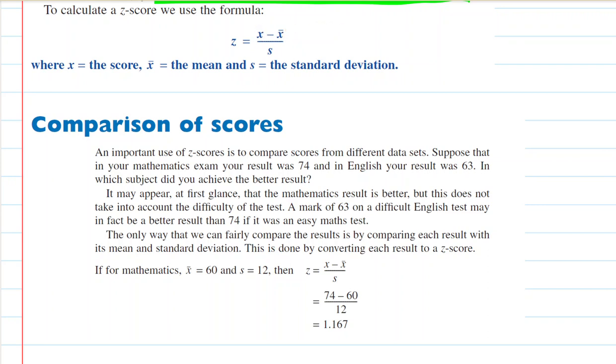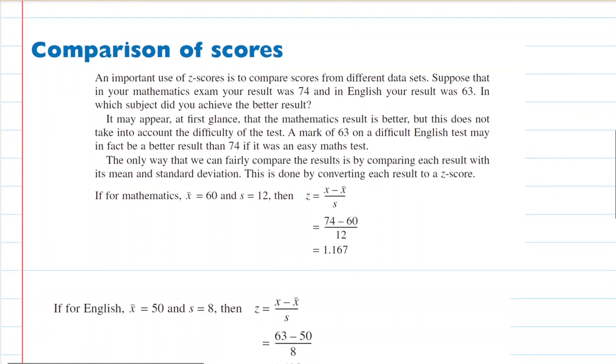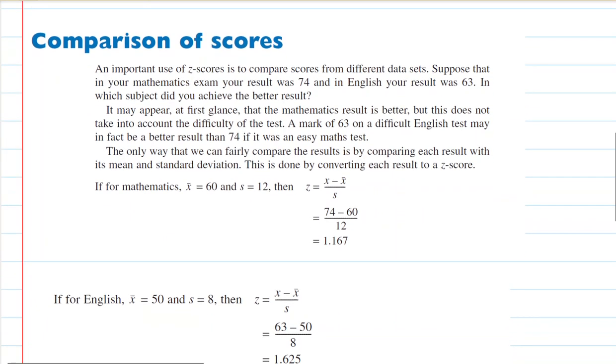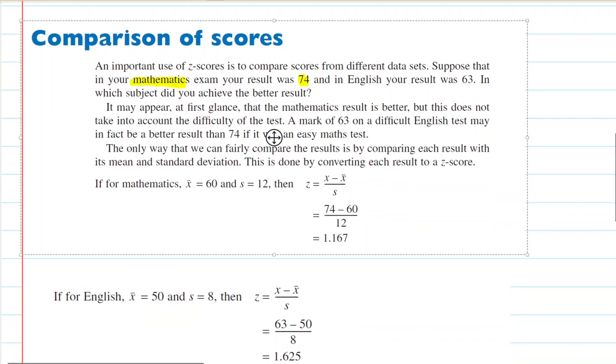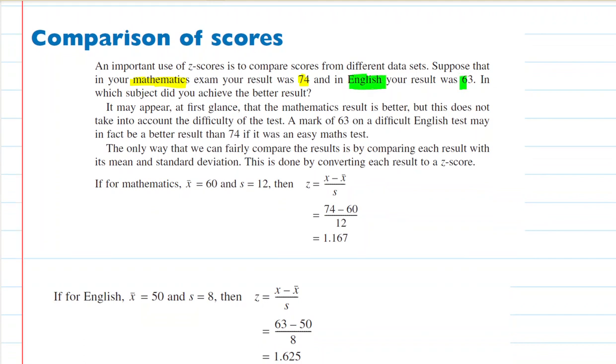In this case, you want to compare two sets of data. Suppose that in your maths exam you got 74, and in English your result was 63. Which subject did you do better at? The maths result looks better, but it doesn't take into account the difficulty of the test. It could have been that maths was easy.